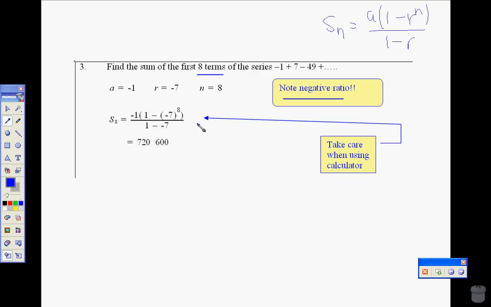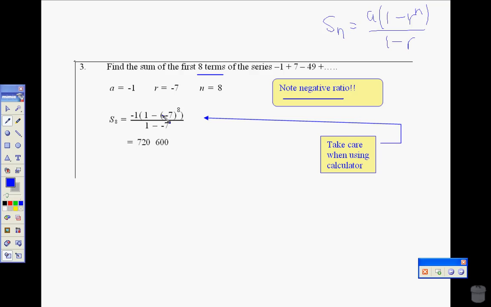This time we've got to use the formula where we've swapped things around, 1 minus r to the power of n over 1 minus r. So we've put that in. Now you've got to be really careful with your calculator here. Use the brackets as we've got them there. If you don't, then you might find yourself in a bit of trouble. You might not, but it depends on your calculator and how it's working. So I would put it in my calculator with the brackets there.